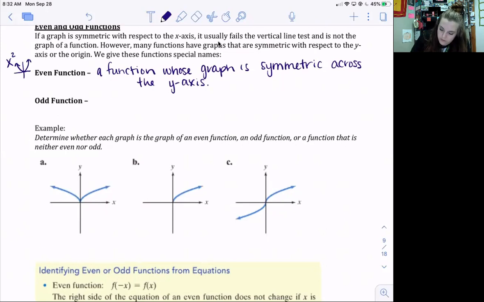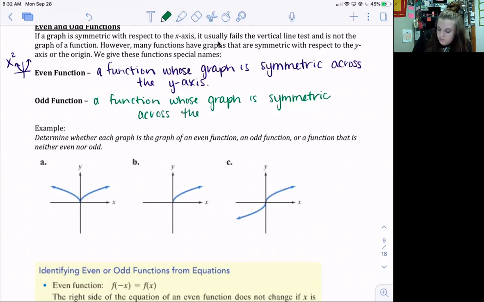An odd function is a function whose graph is symmetric across the origin.